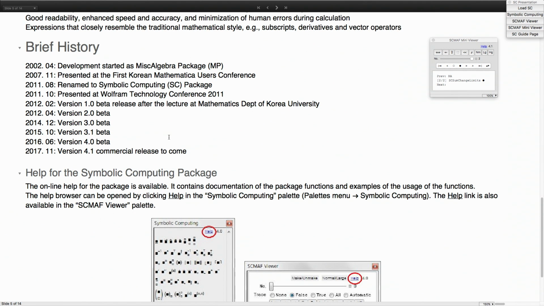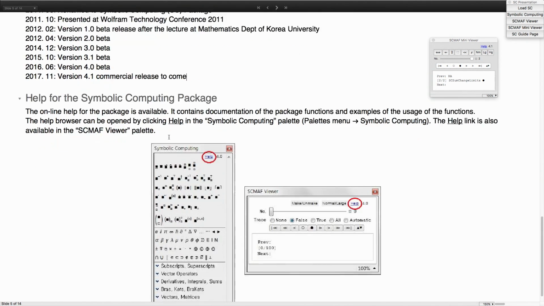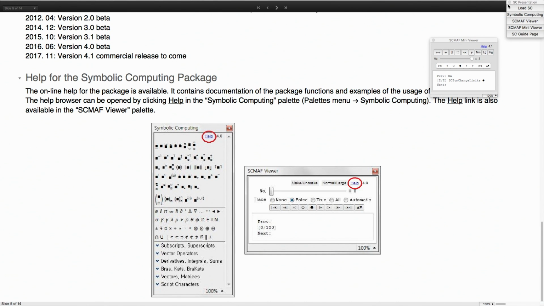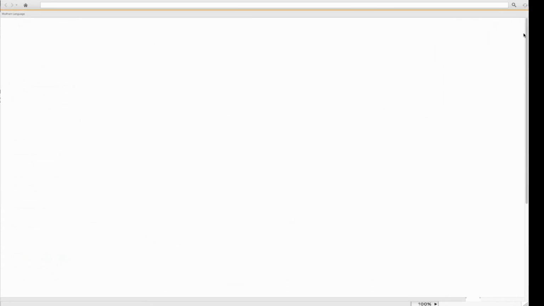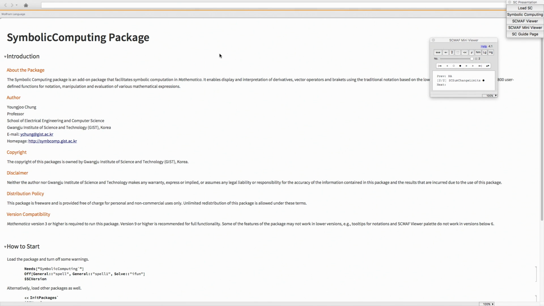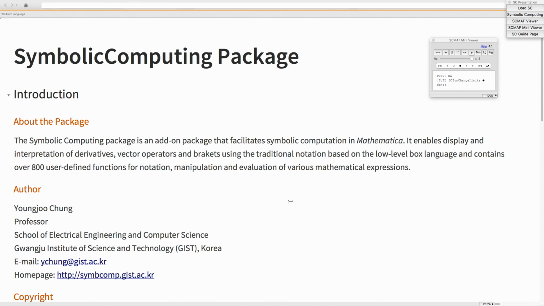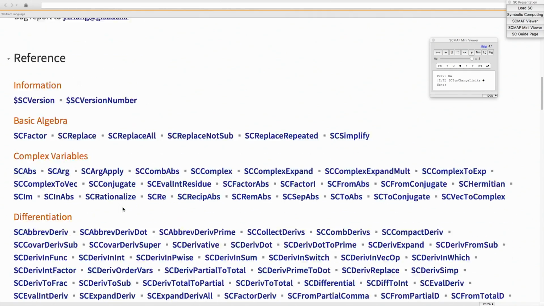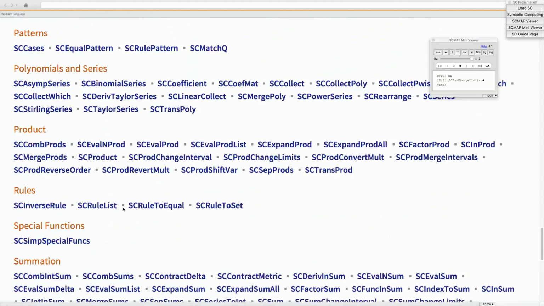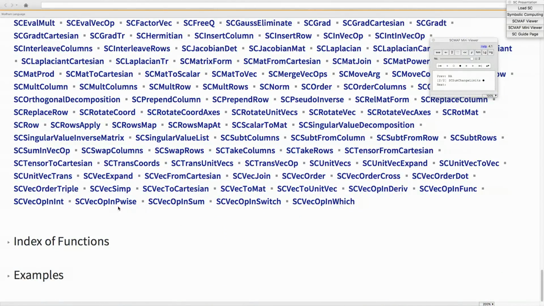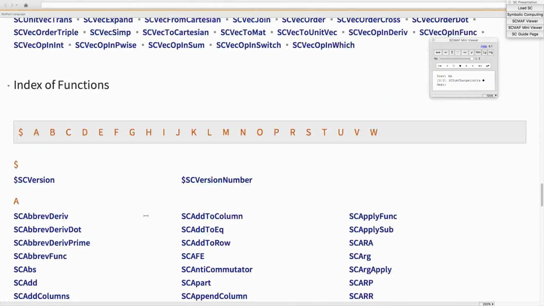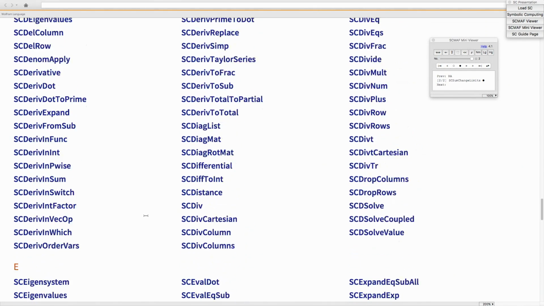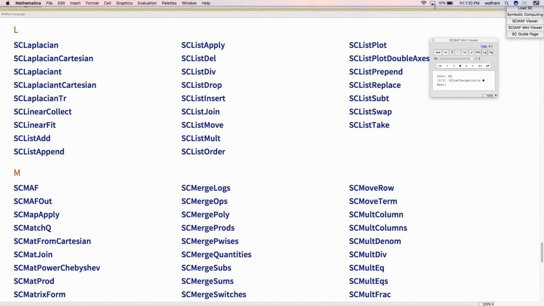We have a documentation, and I cannot show you the whole documentation, but this is the guide page of the package. And here, the reference and index. These are the list of all functions in the package, and the index of functions, etc.